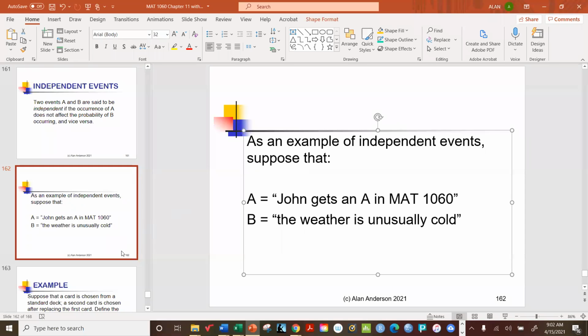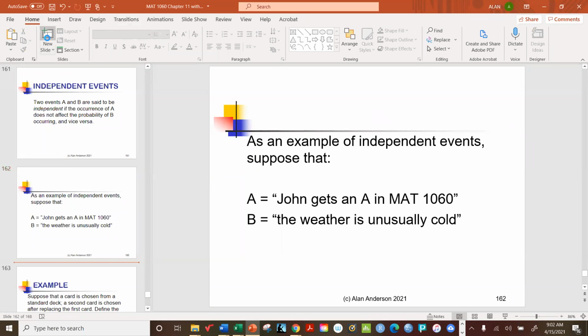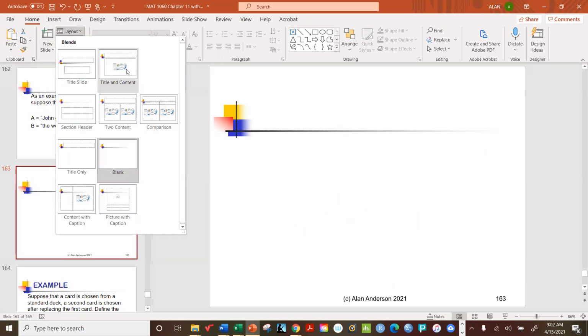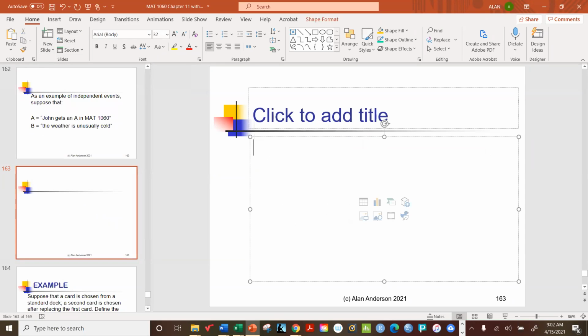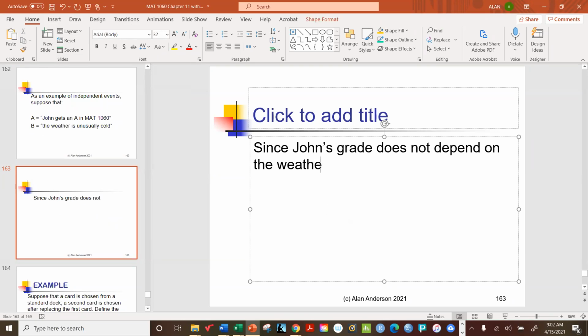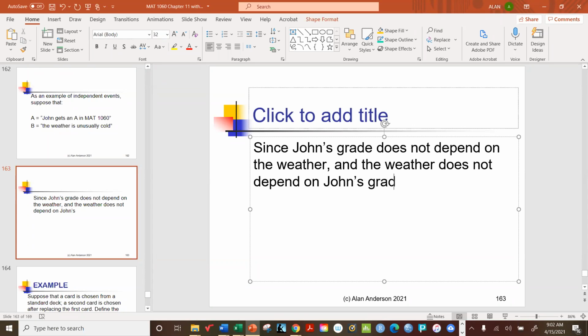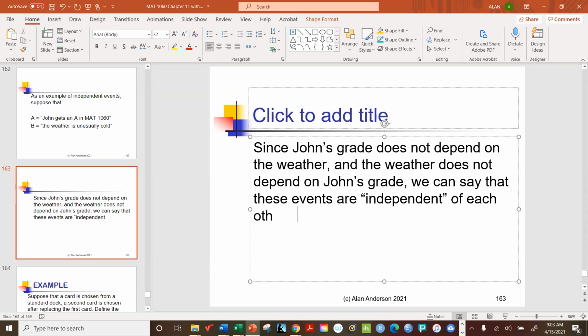Absolutely not. So therefore, since John's grade does not depend on the weather, and the weather certainly does not depend on John's grade, we can say that these events are independent of each other.